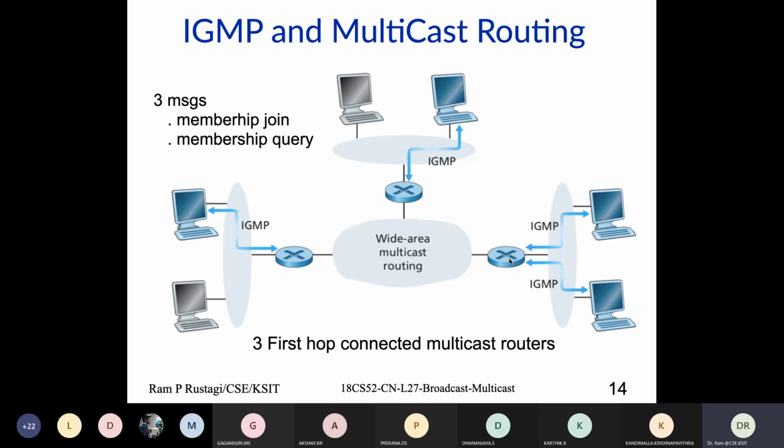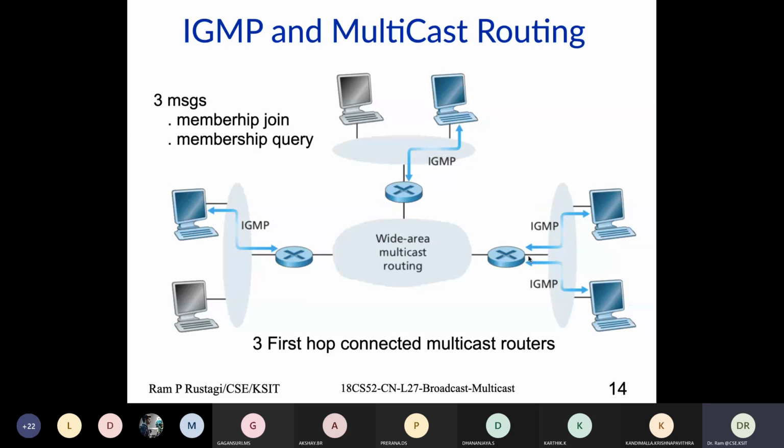The router can send a message called membership query in the network. All the hosts in the network would receive that message, and those machines which are part of some multicast group, because some application may be running, would respond with a membership report. So a membership report is basically a membership join, and a membership query is the router querying.